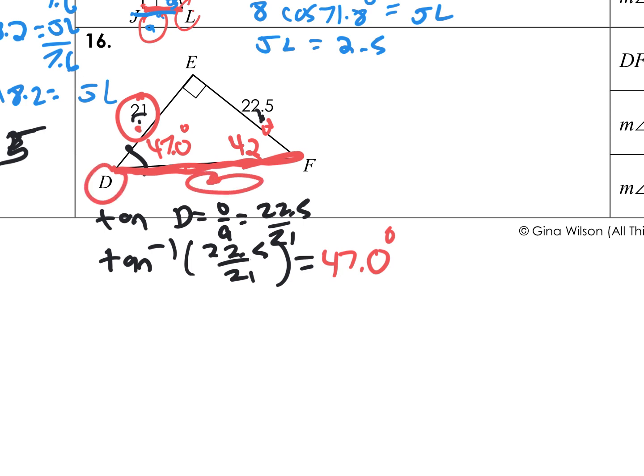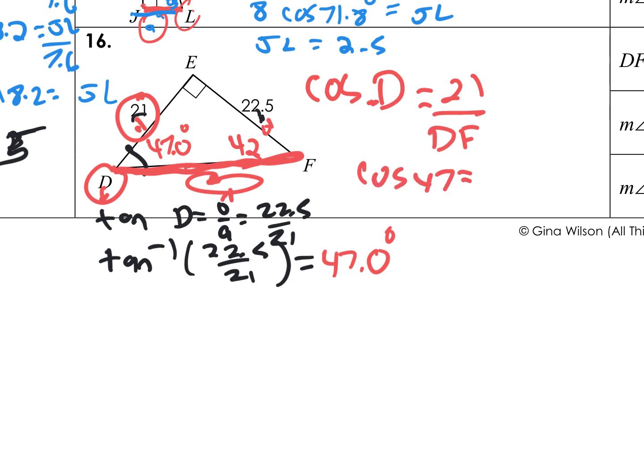All right, so I got D and these two sides. So cosine of D must be 21 over DF. And D is 47, right? Cosine of 47 is 21 over DF.